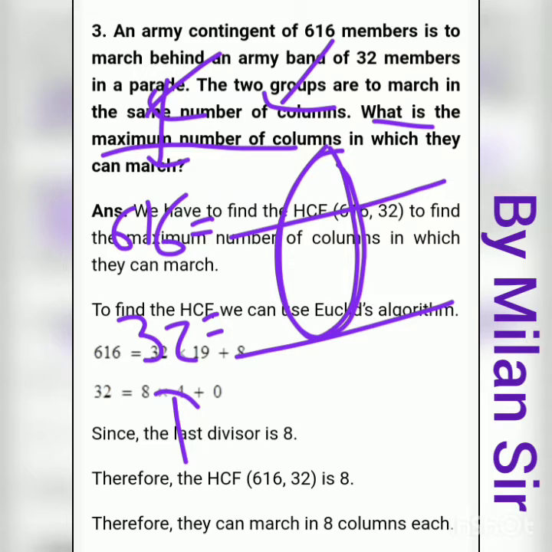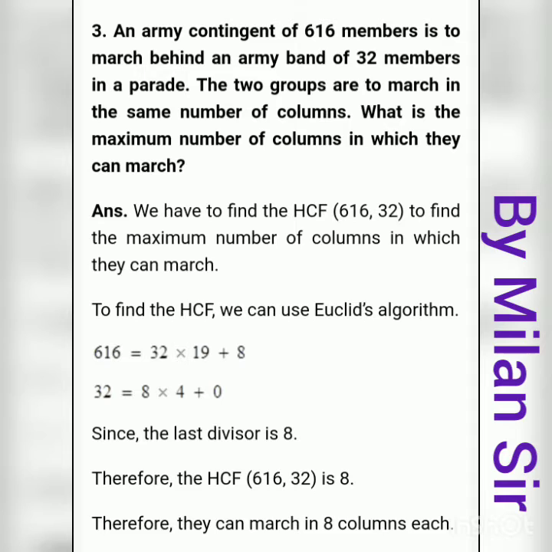So the highest common factor means HCF, right? Here we need to find the HCF. Now for HCF we have two methods. Either we can use Euclid's division algorithm, otherwise we can use the factorization method. Right now we are going with Euclid's division algorithm.